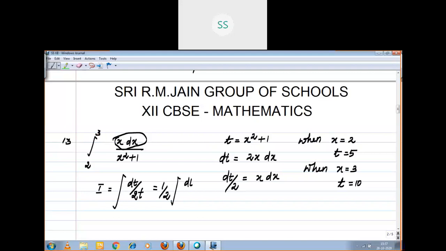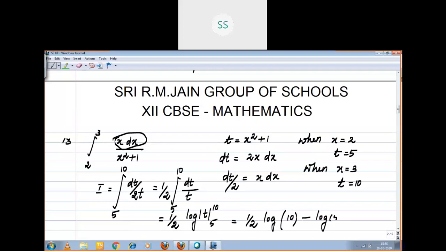So, 1 by 2 into integral dt divided by t. 1 by 2 into log modulus t, that is limit 5 to 10, because 2 to 3 is applicable for x, 5 to 10 is applicable for t. So 1 by 2 into log of 10 minus log of 5.